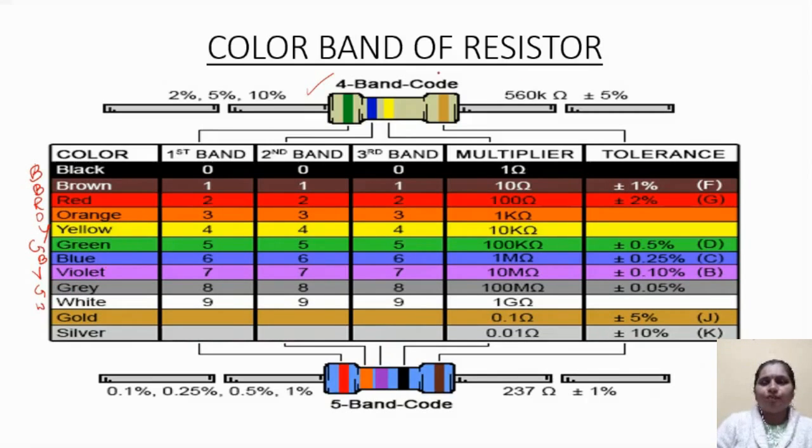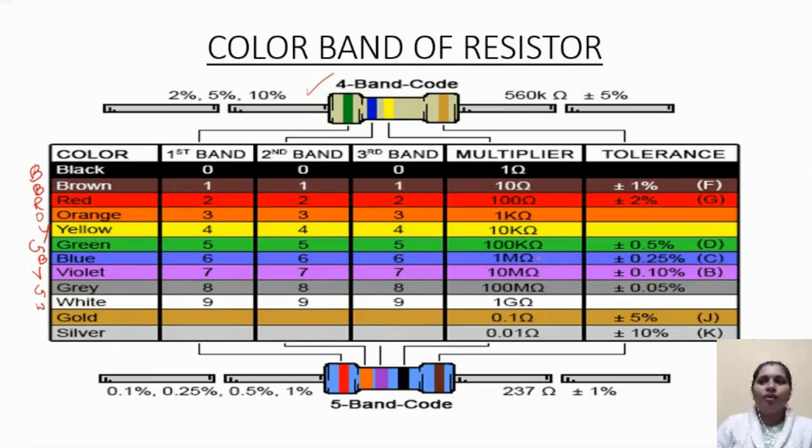Okay, so here you will be finding a resistor with this color bands. What do these color bands represent? So the first color band represents a digit. Second color band also represents a digit. Third color band represents the multiplier of this value, and fourth will be tolerance.